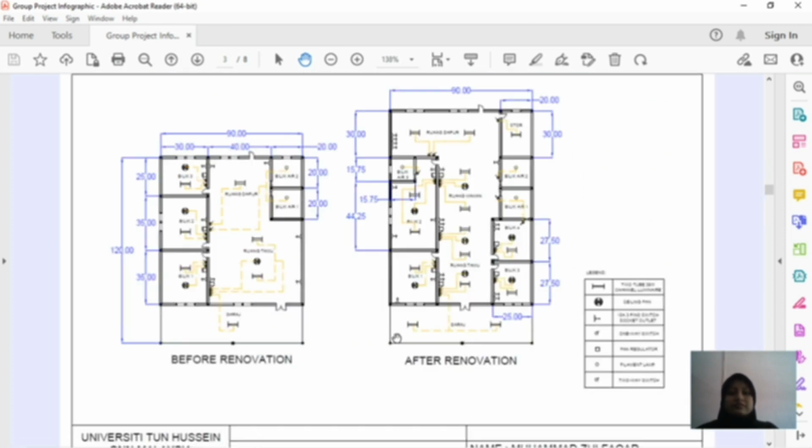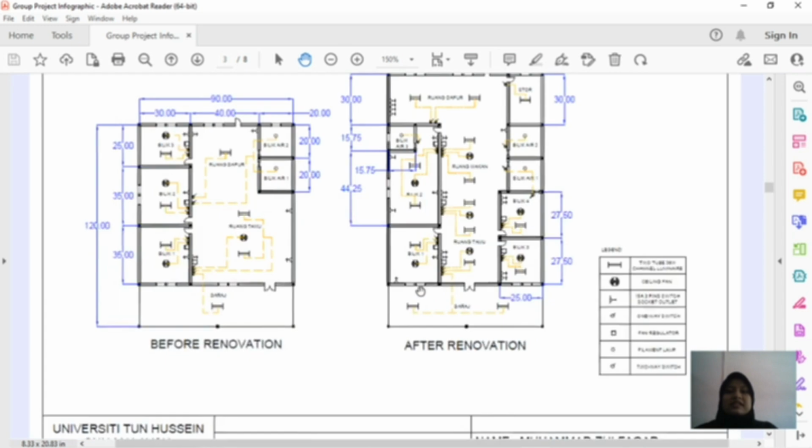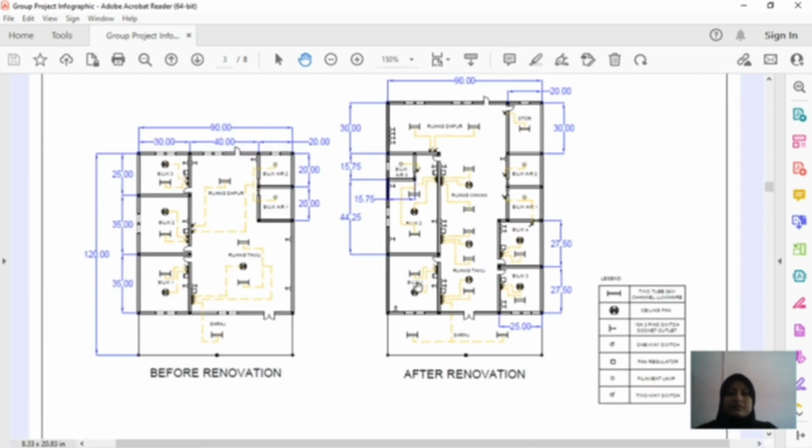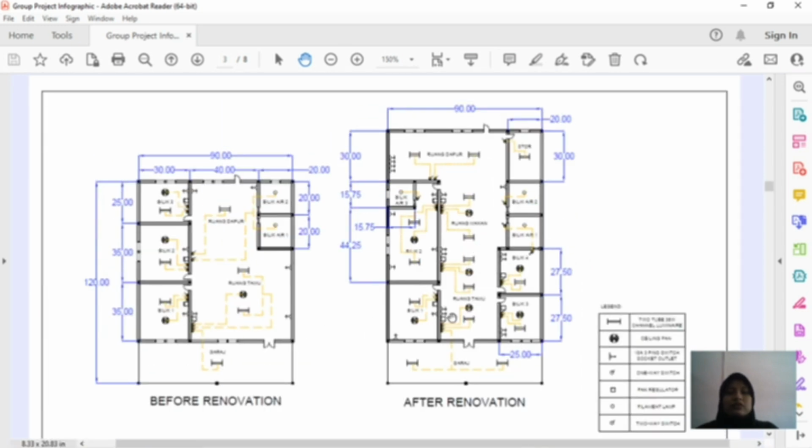We go to after renovation. So this is after renovation. We add 30 mm to renovate the ruang dapur. First, bilik 1. Bilik 1 is still the same as bilik 1 before renovation.